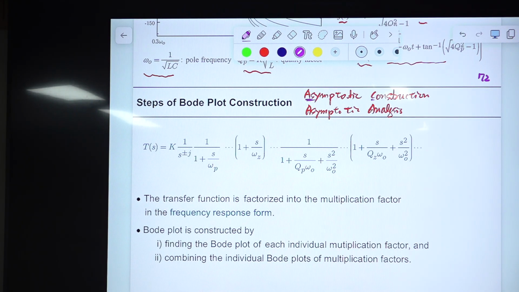This is very important, okay? Let's talk about the Bode plot construction, or asymptotic construction of Bode plot.